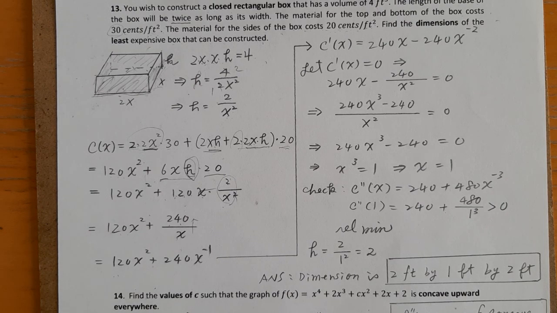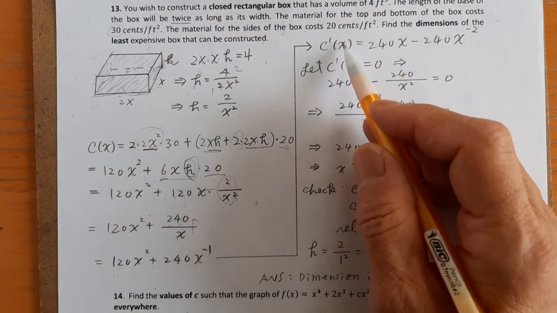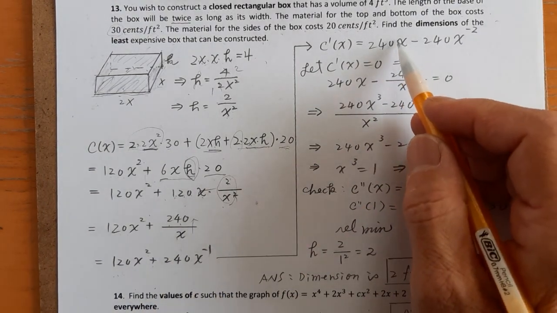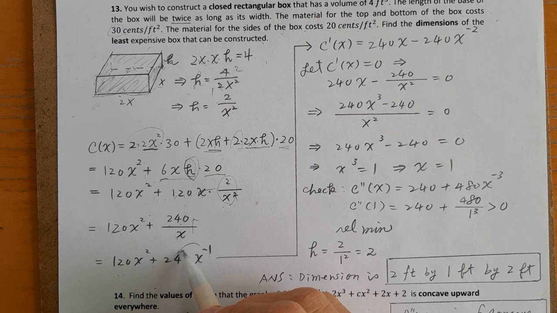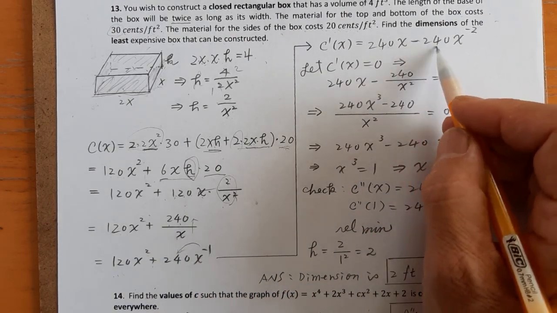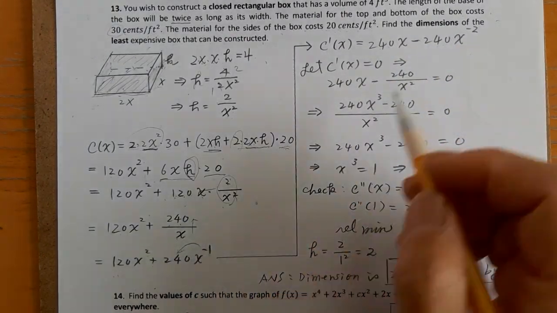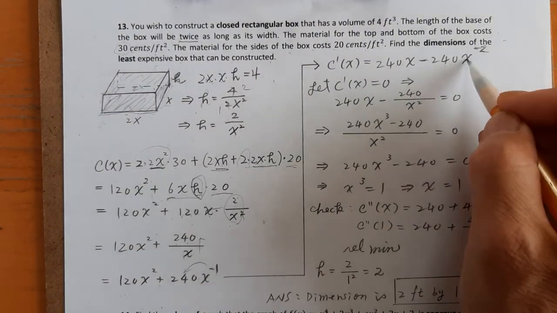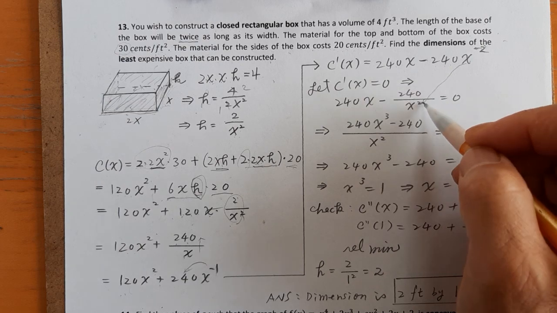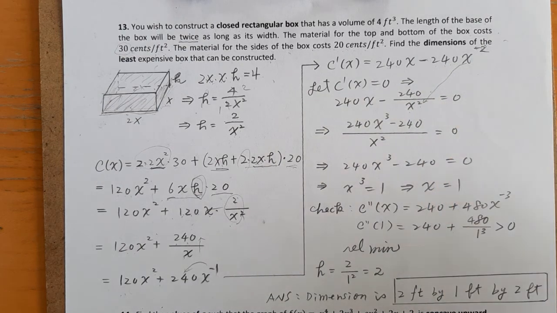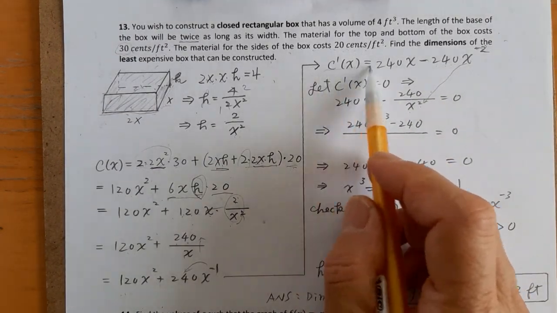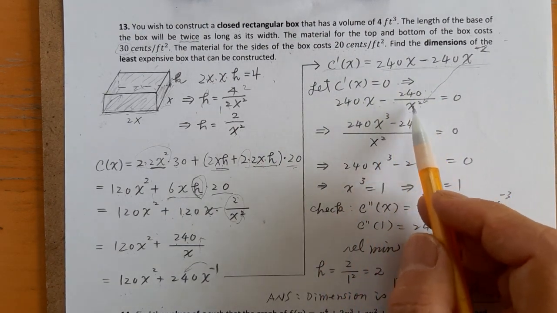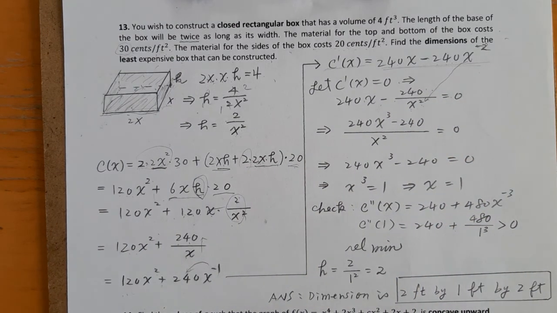Take the first derivative. C prime of x equals 120 times 2, 240x. Negative 1 times 240 is minus 240 x to the power negative 1 minus 1, which is negative 2. Bring this x to the power negative 2 down, it becomes 240 over x squared. Let this first derivative equal 0: 240x minus 240 over x squared equals 0.